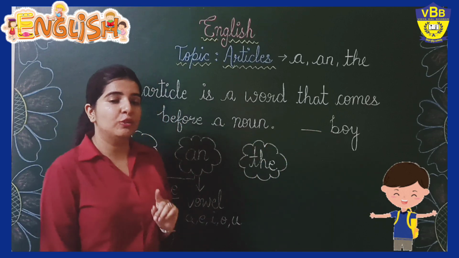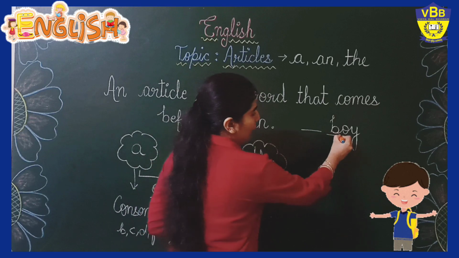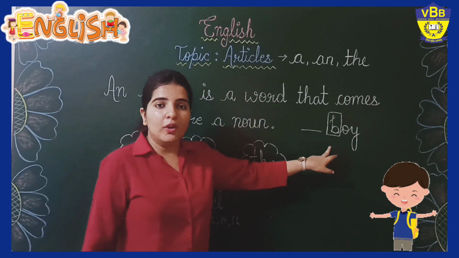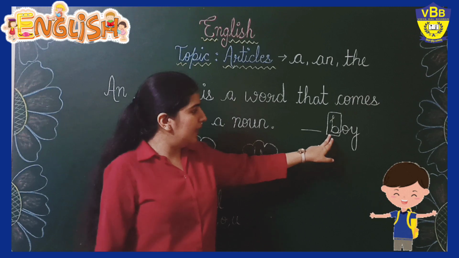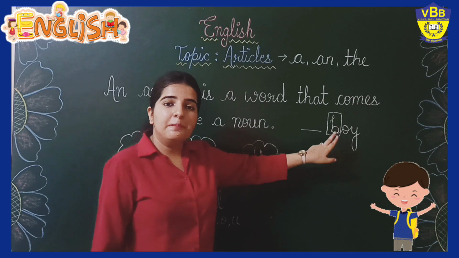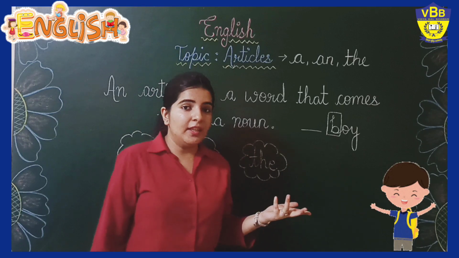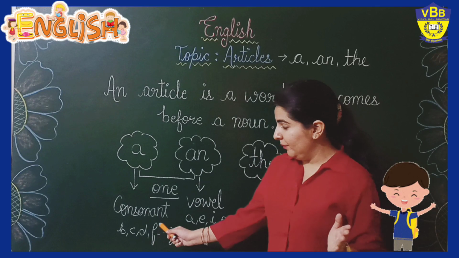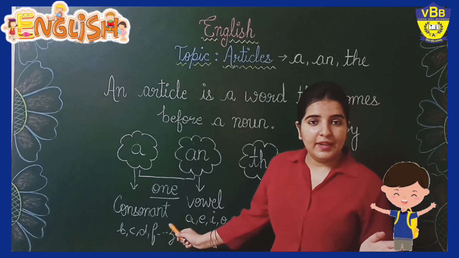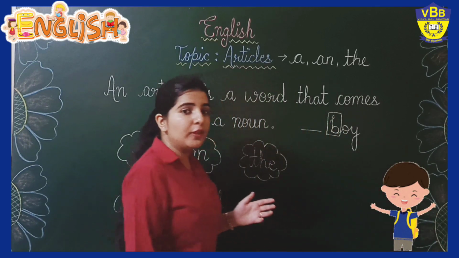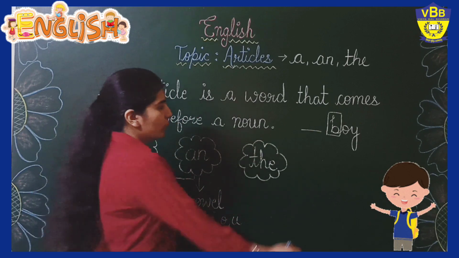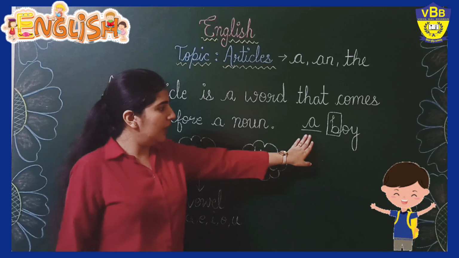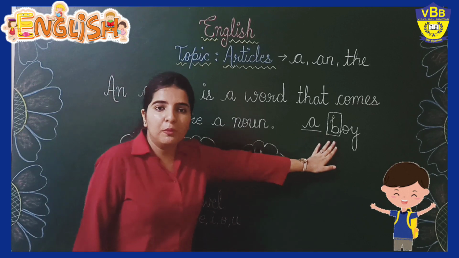The first thing you check is that boy starts with the letter B, and B comes under which category, vowel or consonant? Consonant, right. So what do we use with consonants? We use a. It will be a boy.